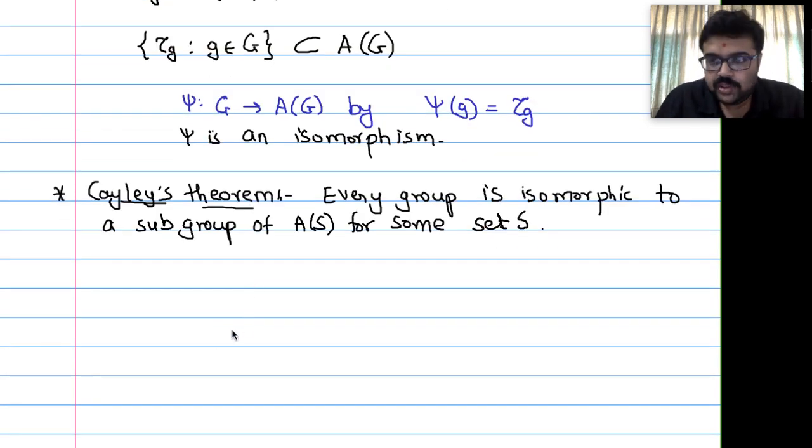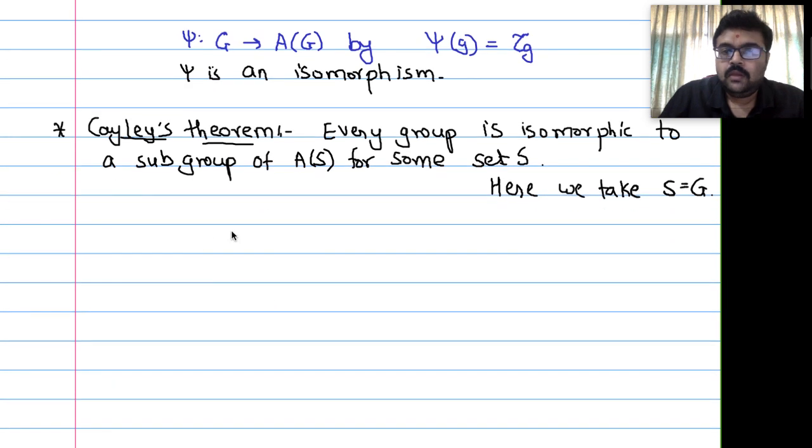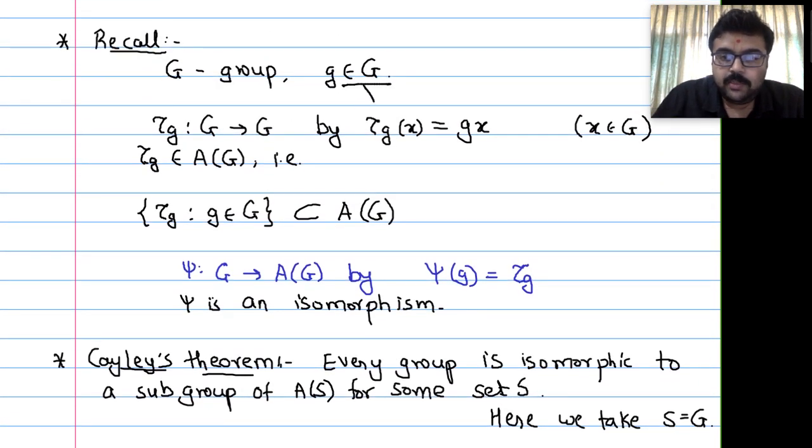So what we show is that G is isomorphic to a subgroup of A(G). Right, so we have defined this, and that means for every g in G there is a map tau g, and that is in A(G).